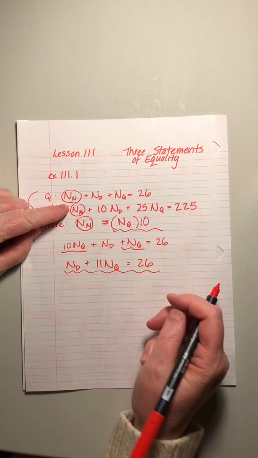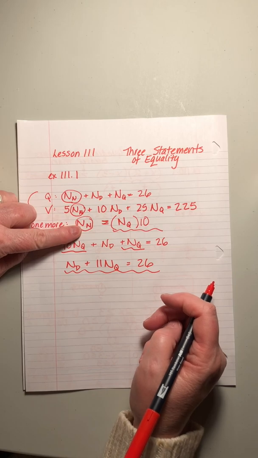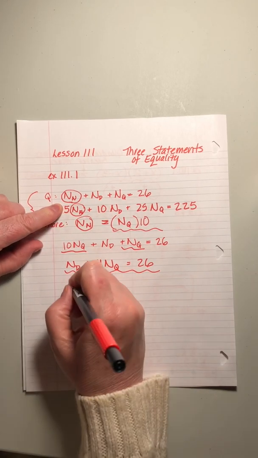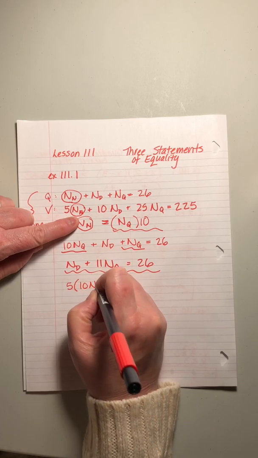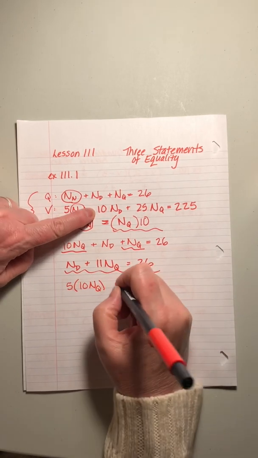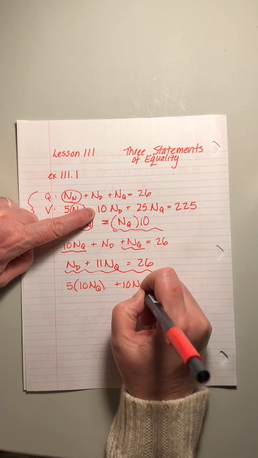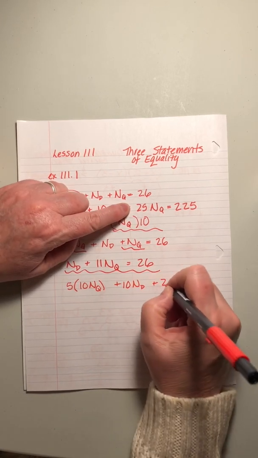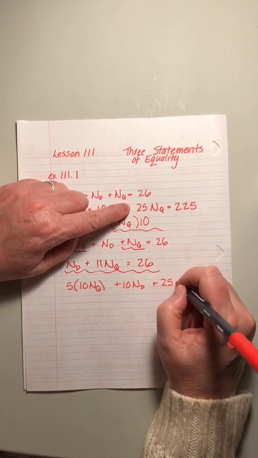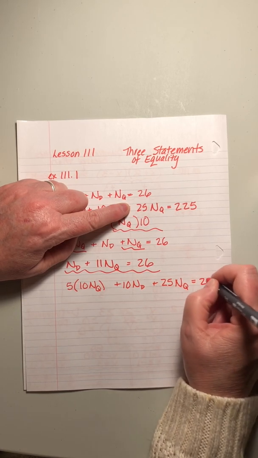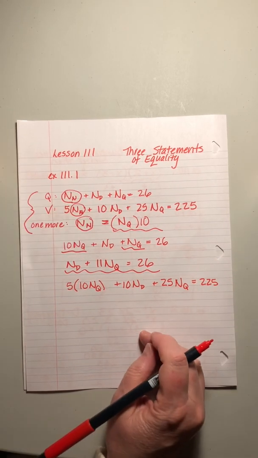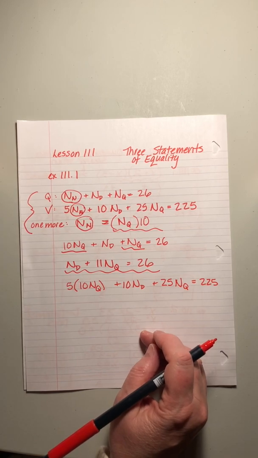Now I'm going to fix this one. Okay, 5 times 10 times the number of quarters plus 10 times the number of dimes plus 25 times the number of quarters equals 225. All right. Beautiful.